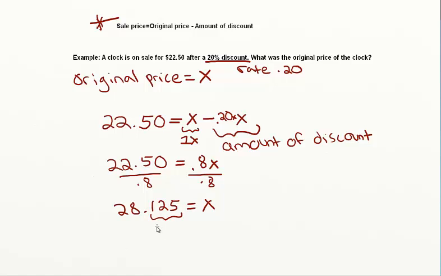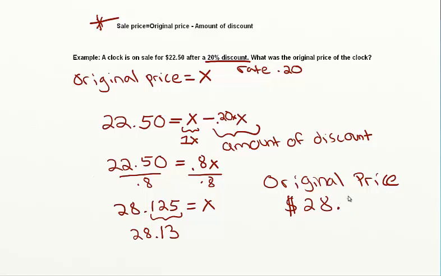So we're going to instead round that up to 0.13. So we're going to have 28.13. So the original price is $28.13. That's what our clock originally cost before we applied a 20% discount.